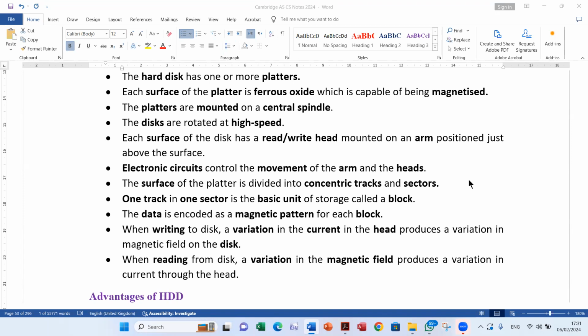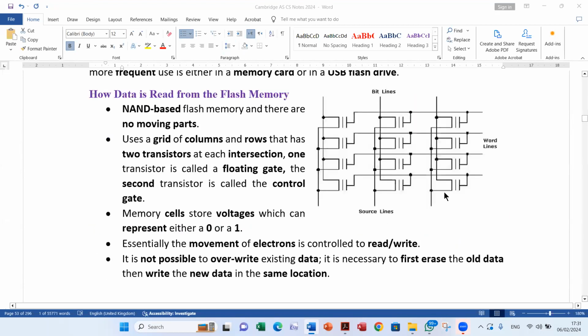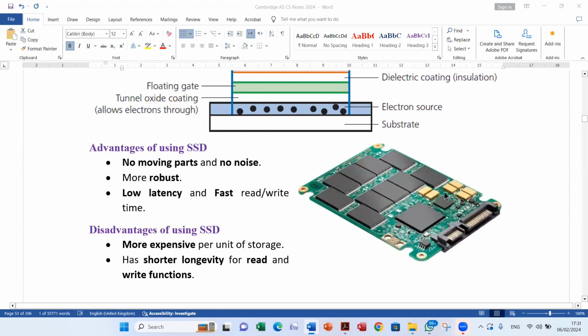As you can see, you have moving parts: tracks and sectors, read and write heads, actuators, the spindle spins, platters. However, now they have recently invented the SSD with no moving parts at all.